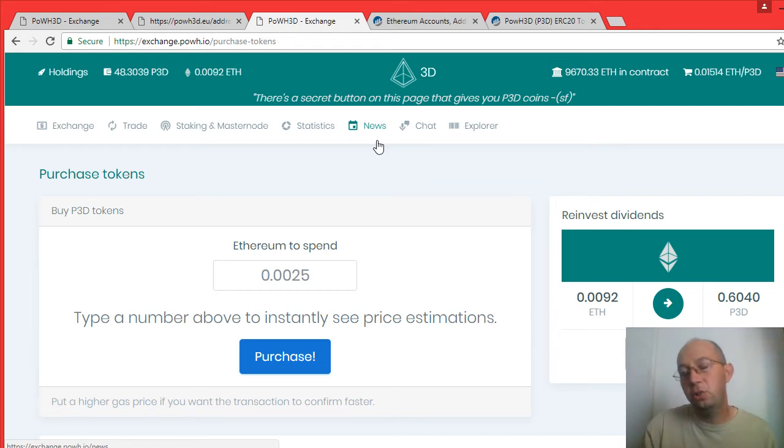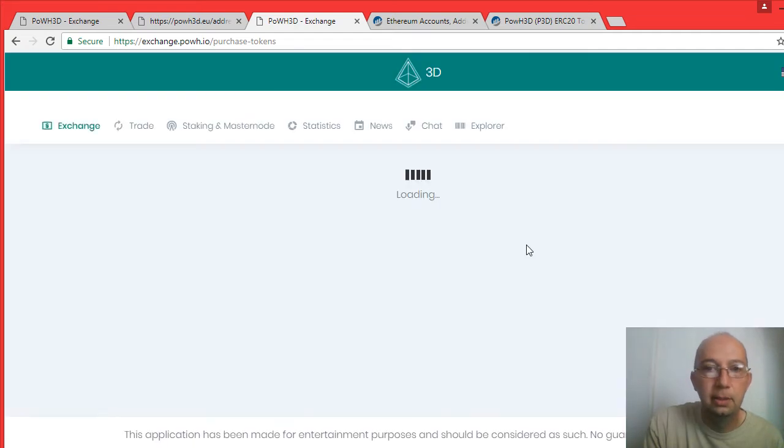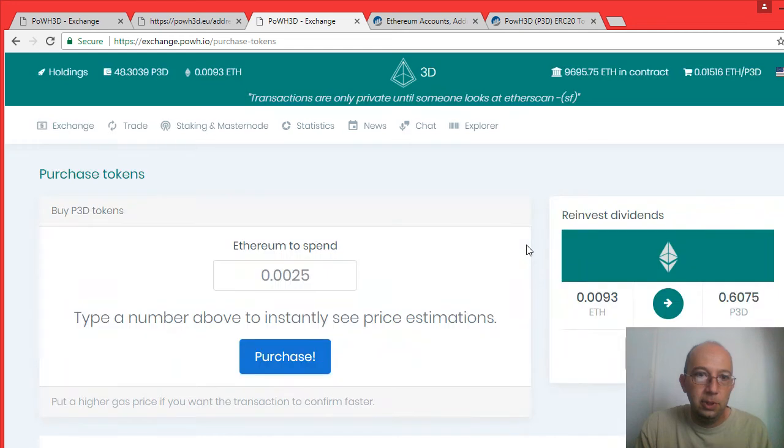This site just interacts with your MetaMask account. So if you don't refresh the page, it's not going to pop up with any earnings. And we'll talk about the total. As you could see, that ticked up a little bit.